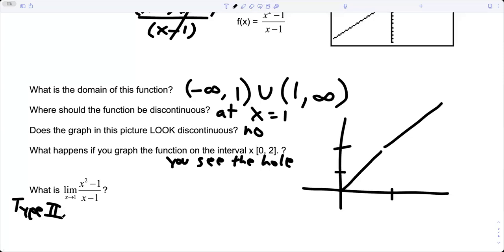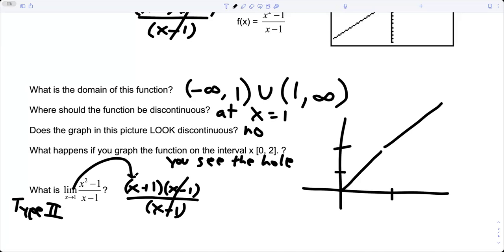A type 2 limit is going to a point, therefore we check to see if it will factor, which it does. x plus 1, x minus 1 over x minus 1. Then my x minus 1s cancel, and I reevaluate the limit as x goes to 1. I take 1 and plug it in, so the value of this limit is 2.